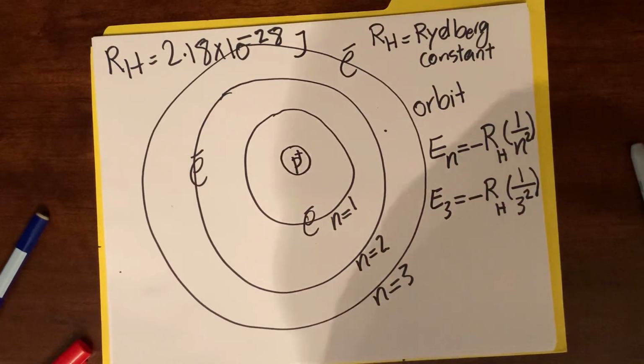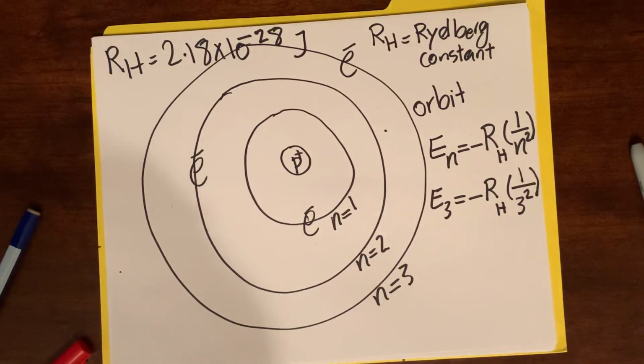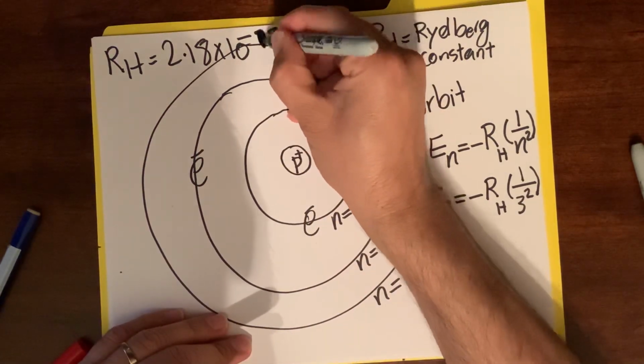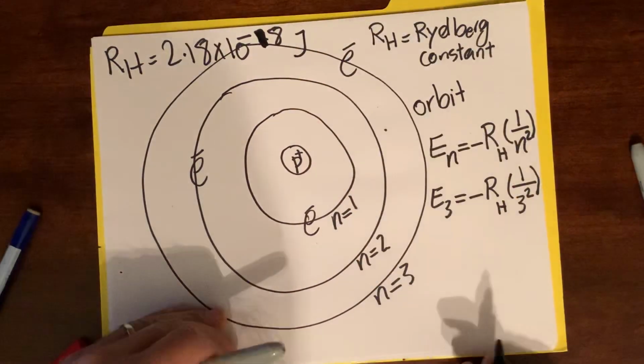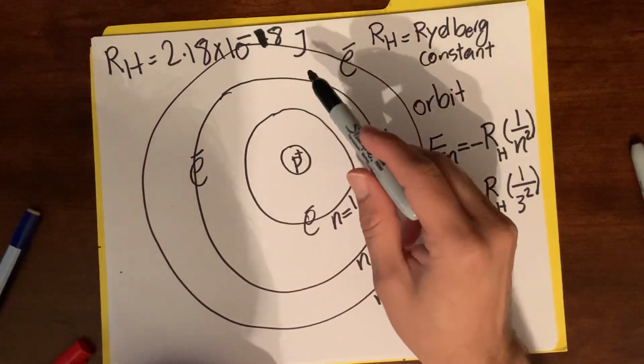Please give me a second, I think I made a mistake here. Sorry, minus 18, not 20. Yes, minus 18 joule. So 2.18 multiplied by 10 to the power of minus 18 joule.